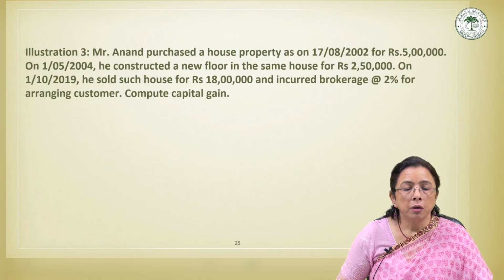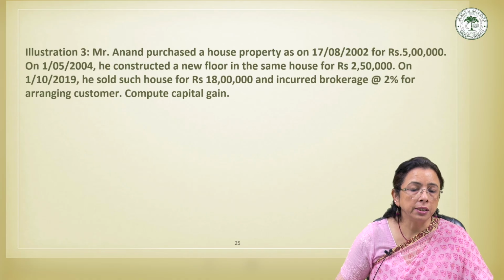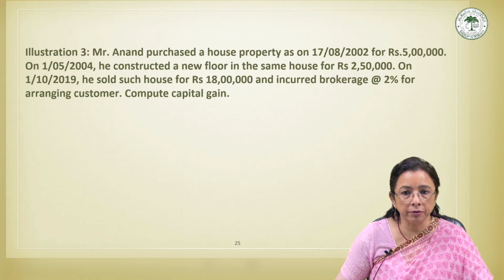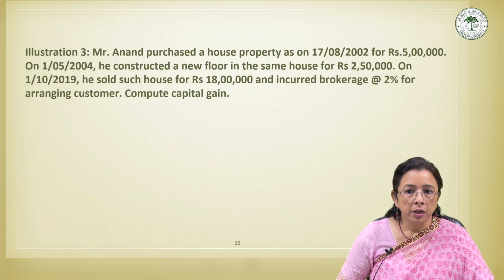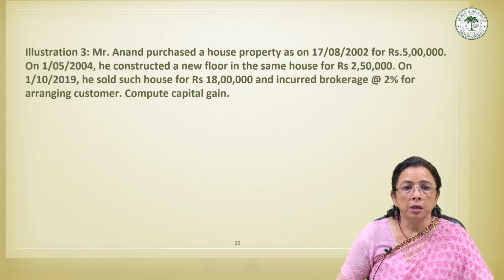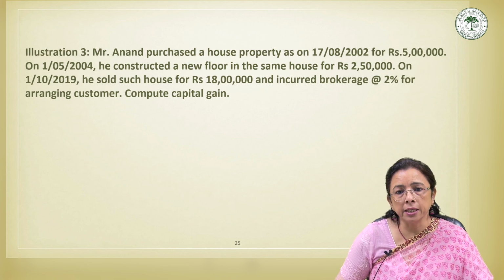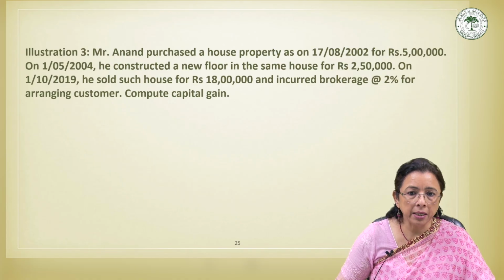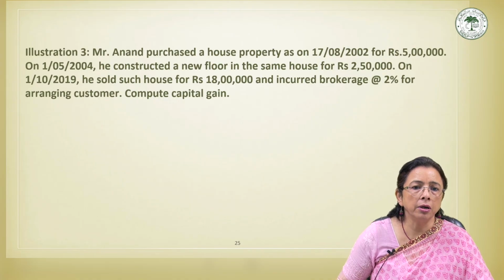On 1st May 2004, he constructed a new floor in the same house for rupees 2,50,000. Then on 1st October 2019, he sold such house for rupees 18 lakh and incurred a brokerage of 2% for arranging the customer. Compute the capital gain.